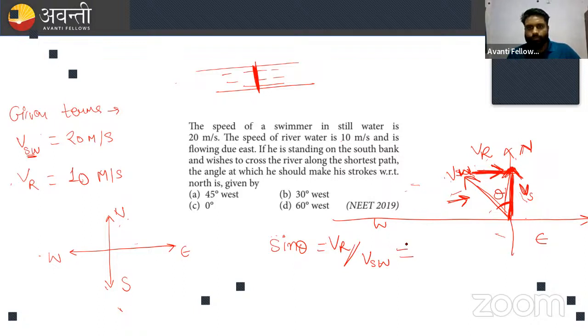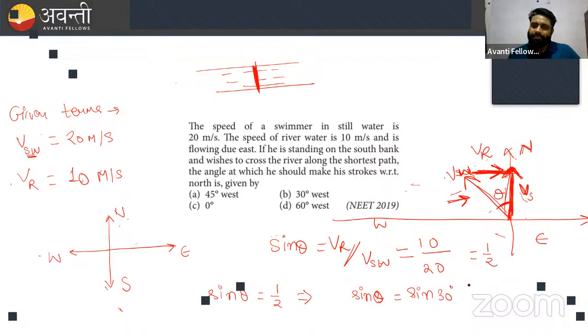VR is 10 given to us and VSW is 20. So we would get sine theta equals 1 by 2. The value of sine theta being 1 by 2 means sine theta equals sine 30, since sine 30 is 1 by 2.